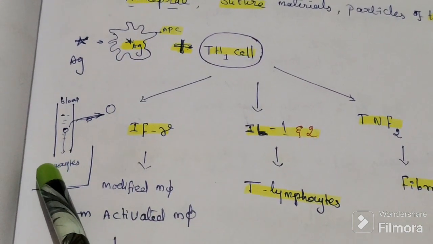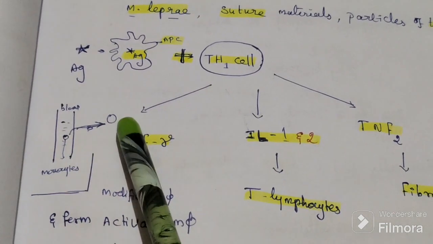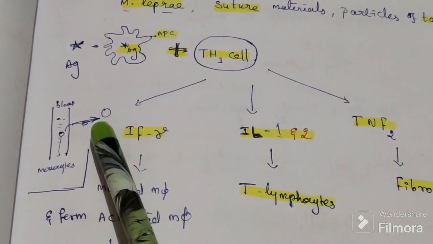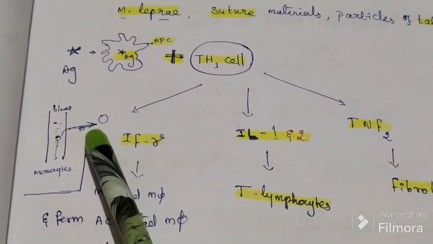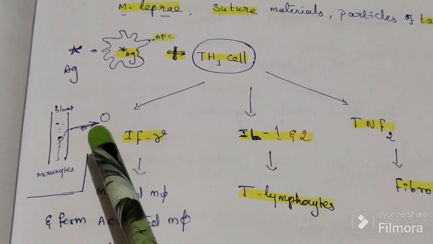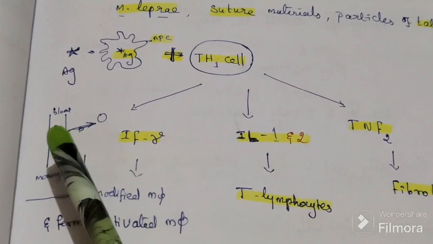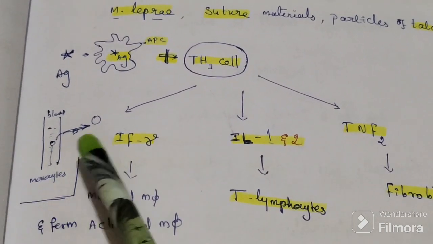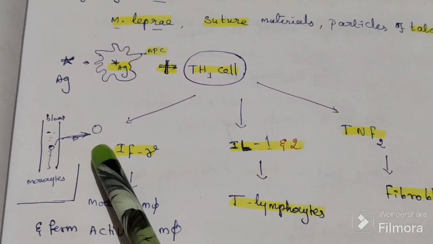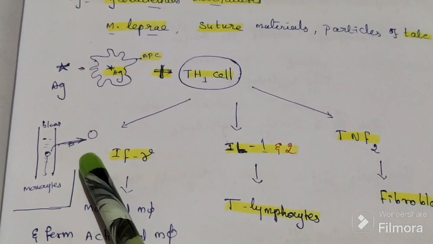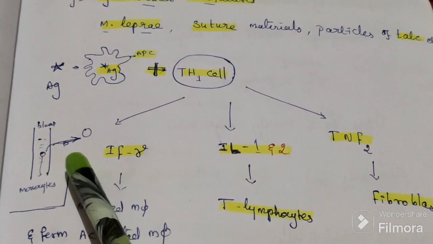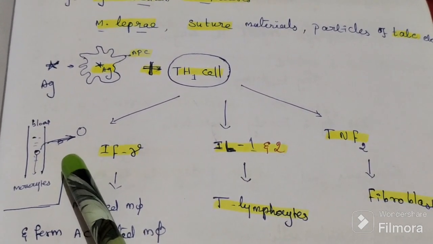This one is the blood vessel. Take one cell out of the blood vessel. Now this interferon gamma takes these monocytes, and the monocytes are converted into macrophages.